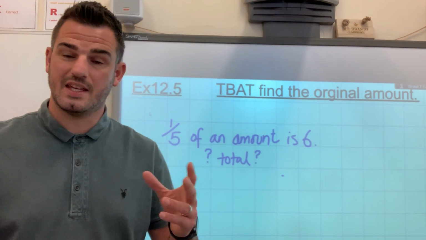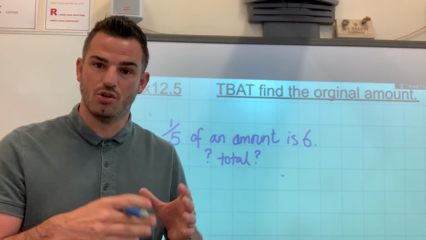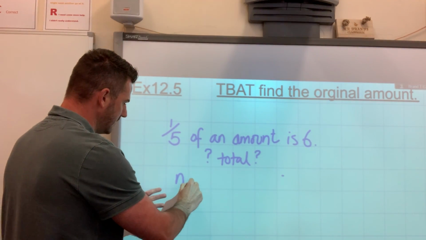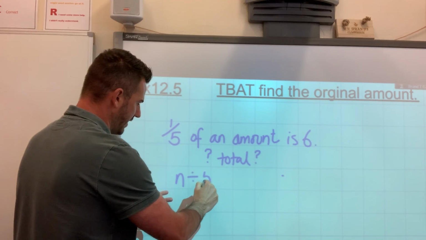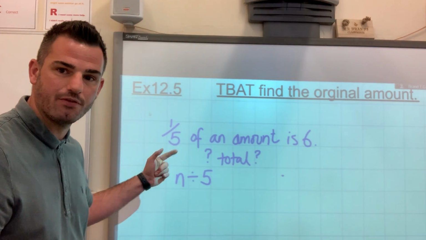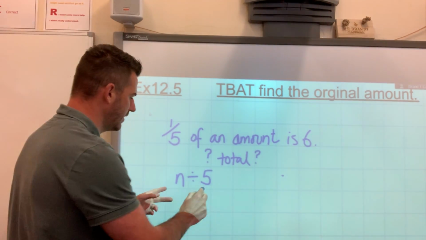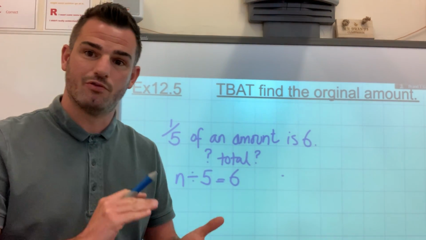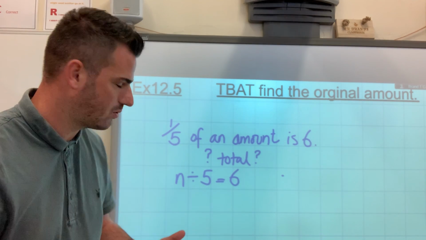So we're going to take n again as our number that we want to find, and we know that n divided by 5, because we're finding 1/5, n divided by 5 is equal to 6.